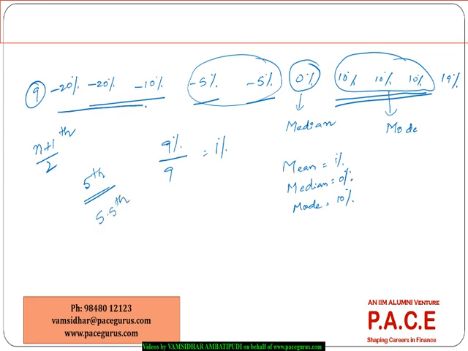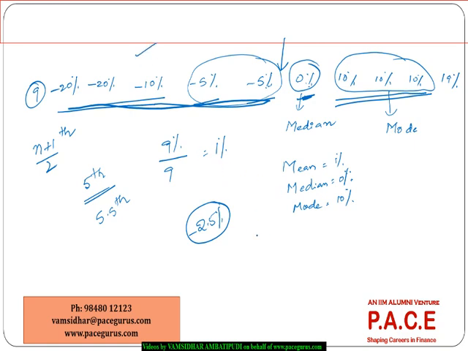This is my 5th, this is my 6th, so 5.5 is somewhere in between the two. I take the average of these two, so -2.5% is my median here. That's how we compute the median: I take the average of the two centermost points when there is an even number of observations in the data.